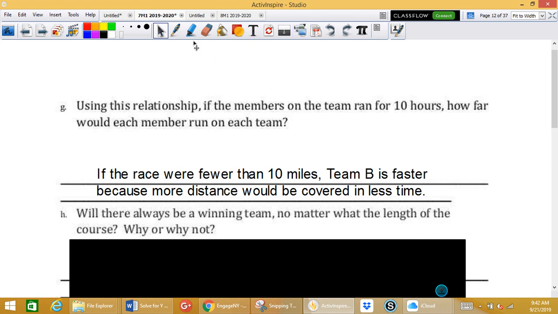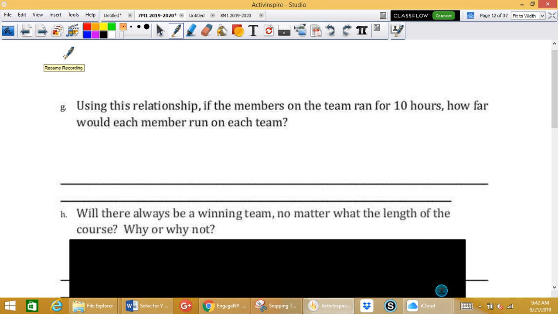Let me fix that. So for Team A, if we take 2.5 times 10, we get 25 miles.